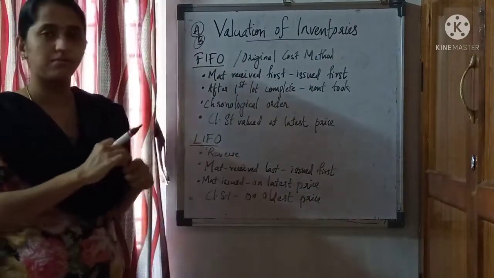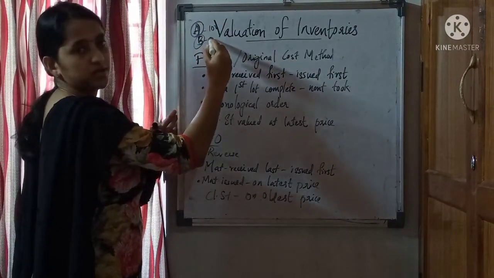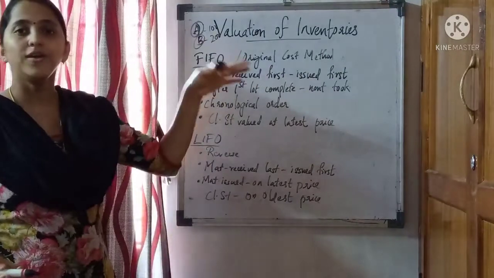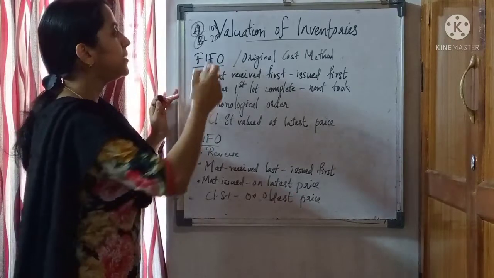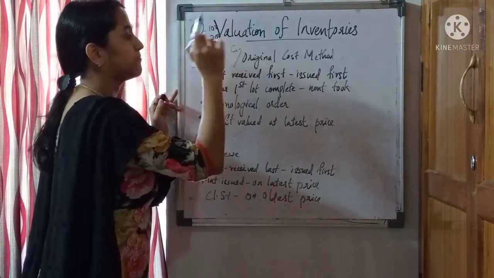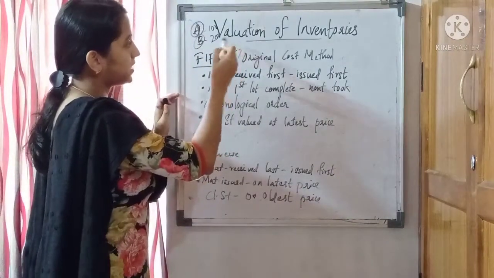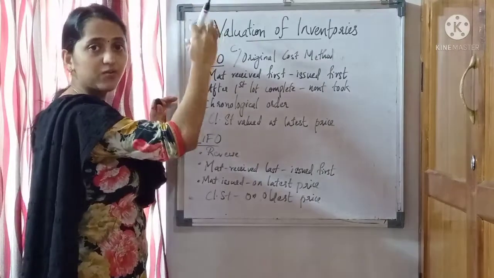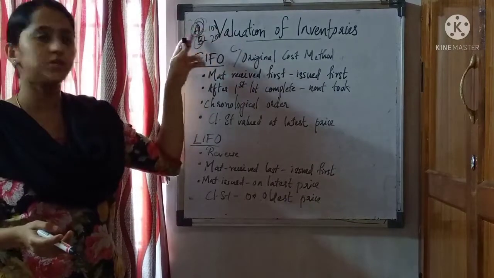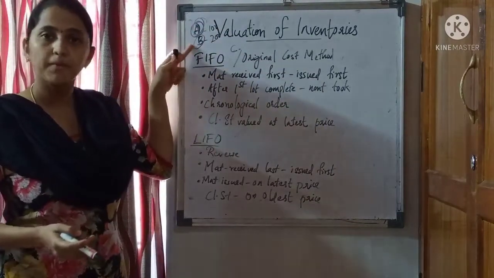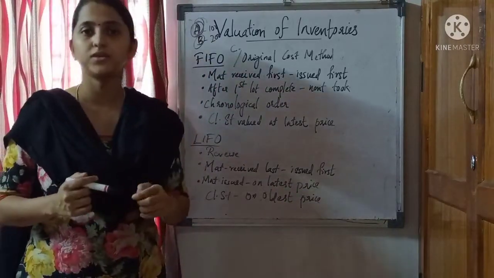For example, A is a material for rupees 100 and B is a material for rupees 200. Now if we want to issue some material on another day, say C units, this C will be taken from A, the material which arrived first. Thereby we have completely issued A. Then what is left is B, so B will become our closing stock. This is the first in first out method.